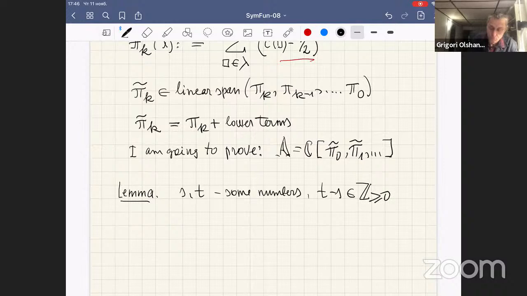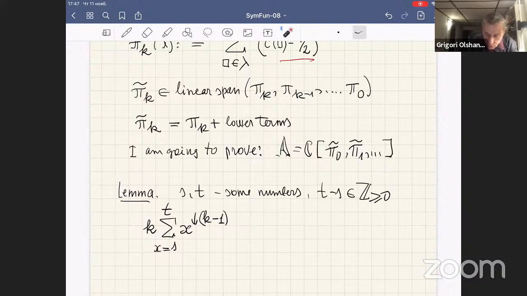And then I claim the following. The sum of x to power k in factorial power, where the sum goes from x equal to s plus 1, s plus 2, and so on, till x equal to t, which makes sense because I assume that the difference is a non-negative integer.